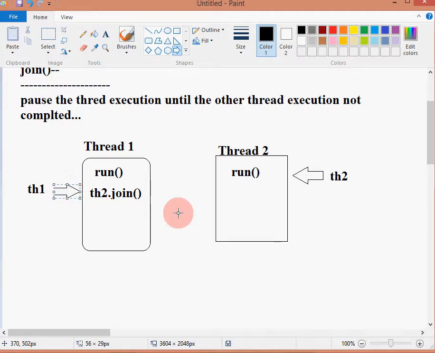If I call join on the thread class object th2 inside thread 1, then until thread 2 is completed, it doesn't allow thread 1 to run.